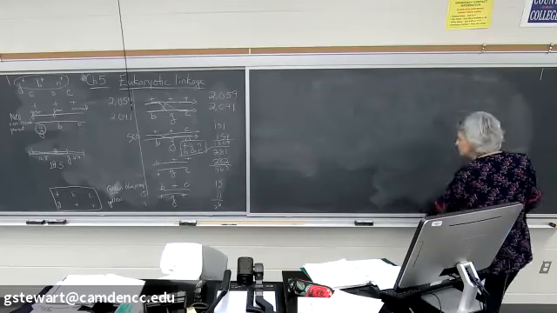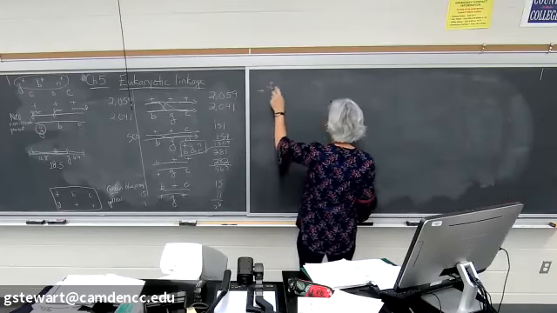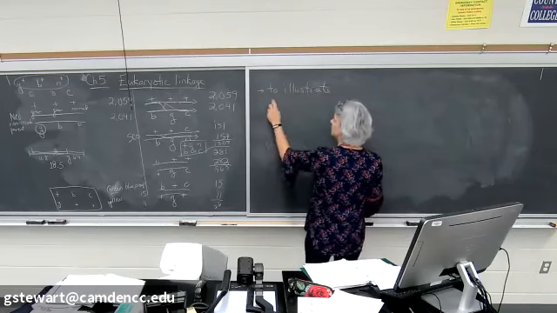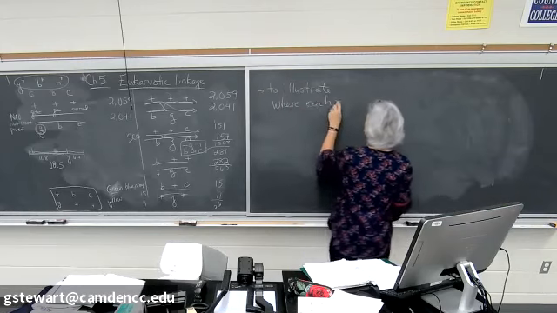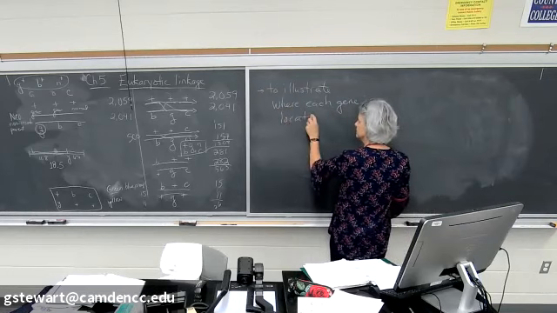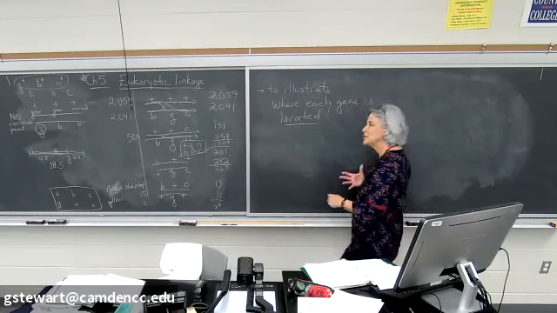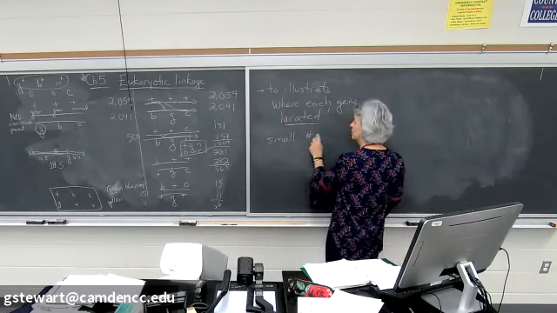And as I said, it's mostly historical, right? To illustrate where each gene is located. And again, you can only do this when you have a low number of chromosomes.